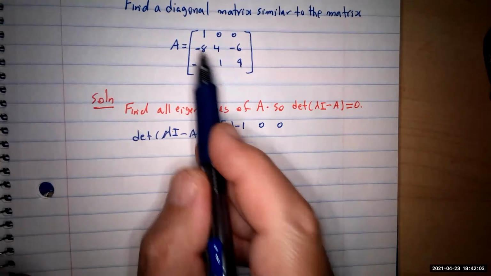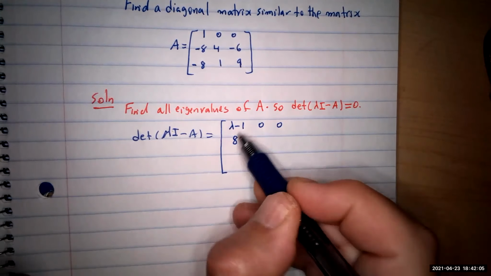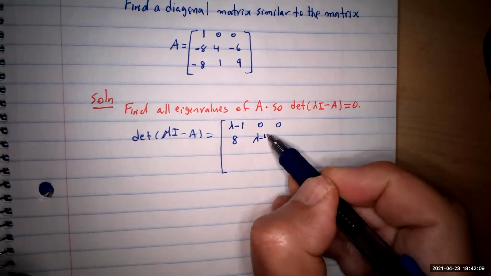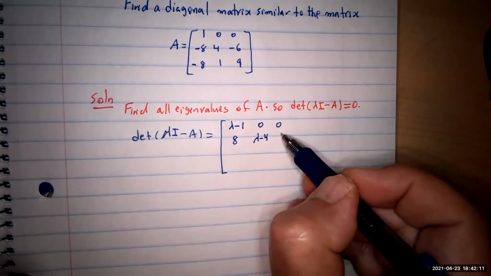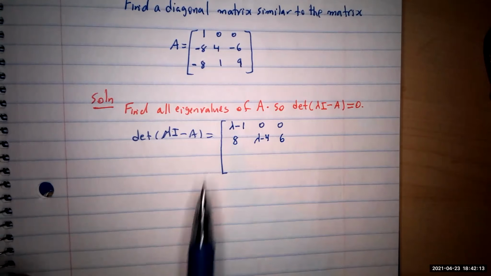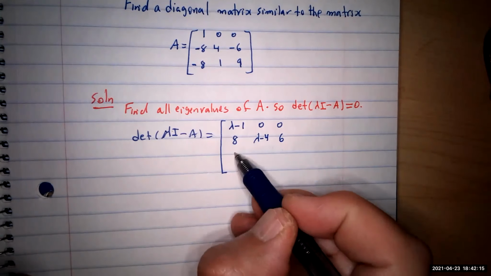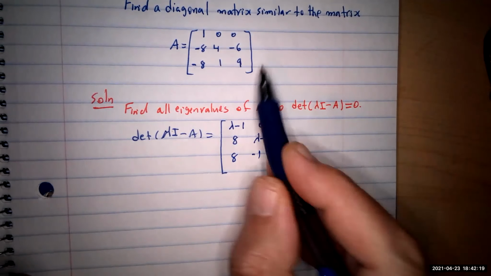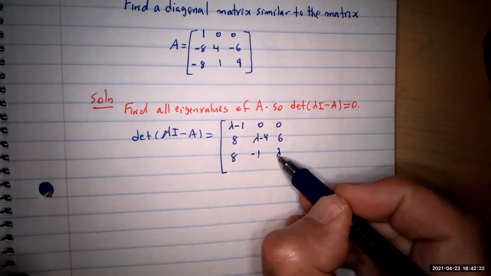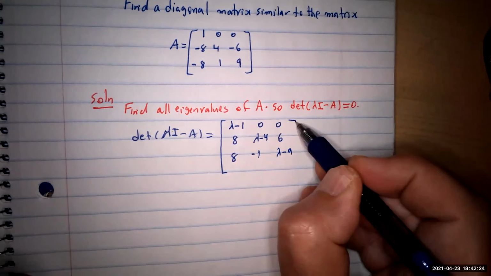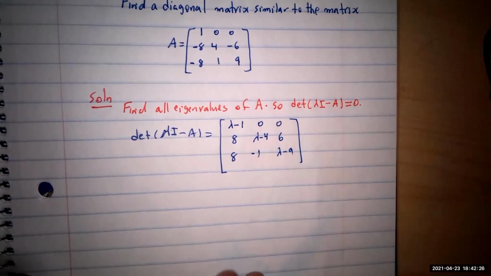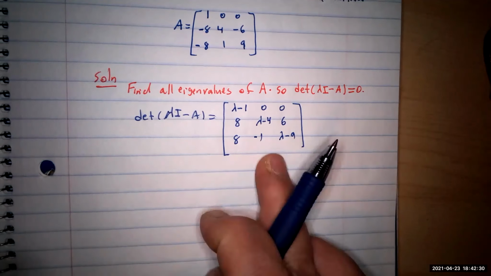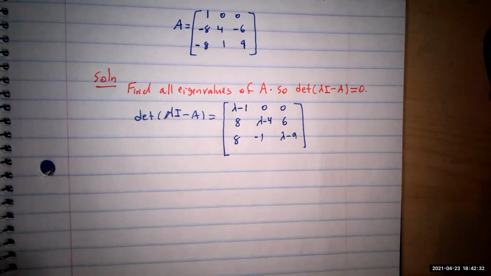The second one, you change this sign, it is going to be lambda minus 4. Over here, you change the sign into the positive, 8. Over here, you change the sign, -1. And this is going to be lambda minus 9. The lambdas come on the main diagonal. So this is going to be the matrix, and it's going to be a determinant.